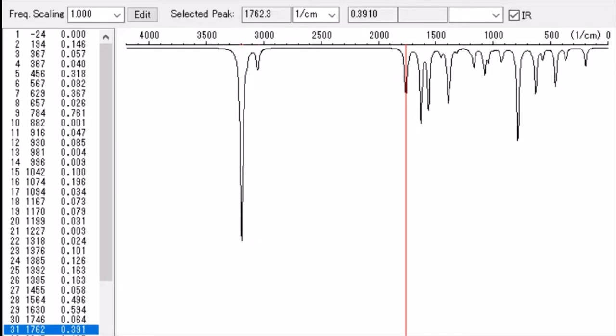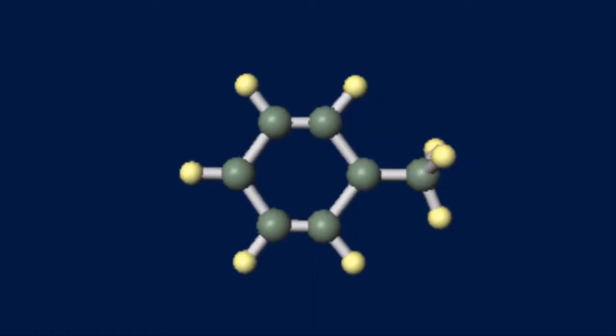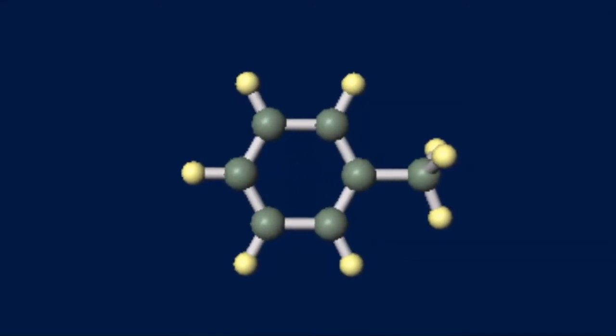Now we shall see how it looks like. Let us see the CC double bond stretching. Can you see now? This is a CC double bond stretching present in the benzene ring.